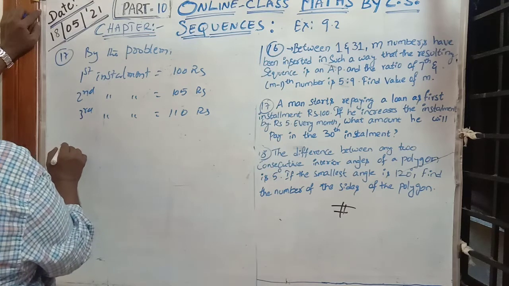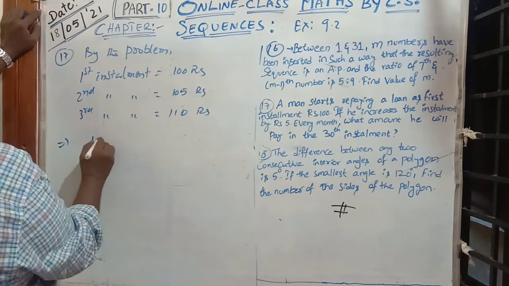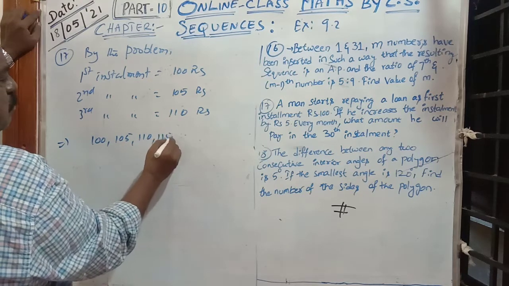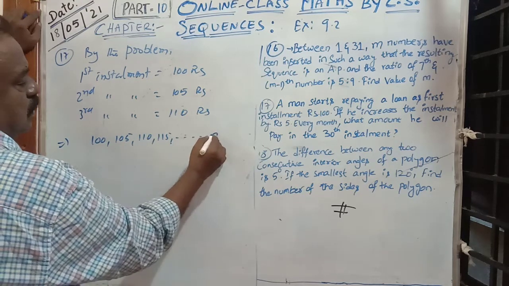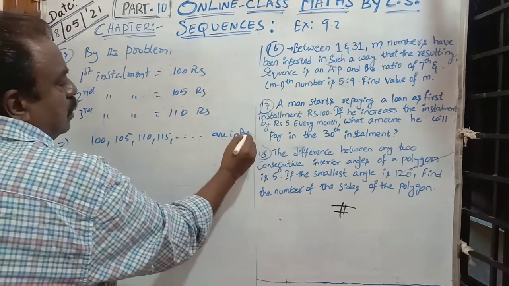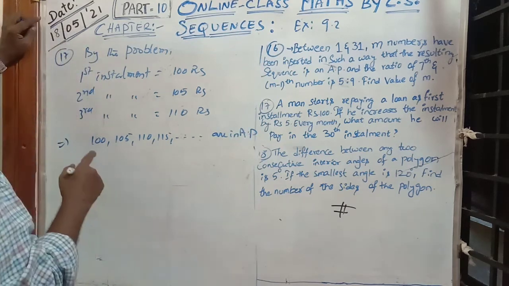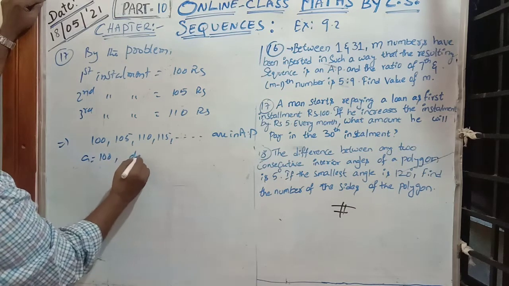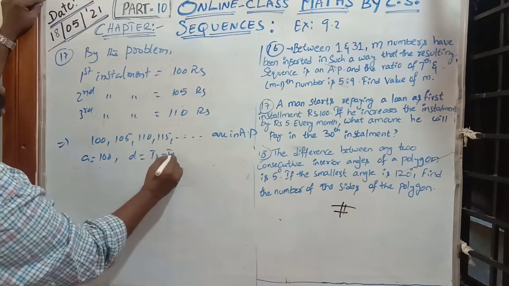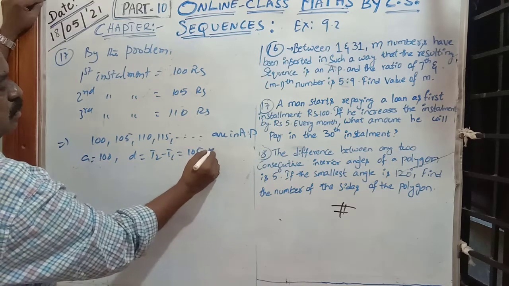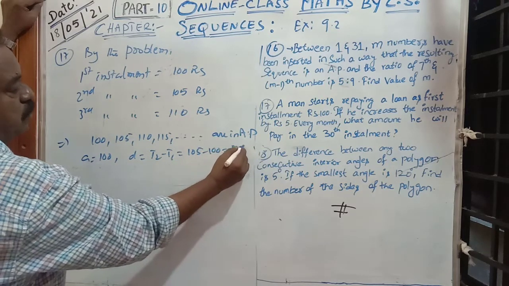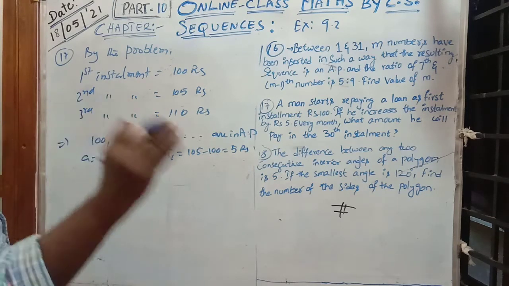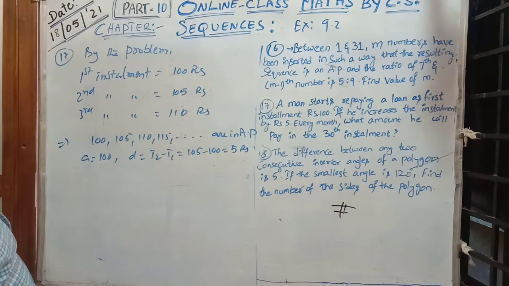Like that. That implies 100, 105, 110, 115, and so on are in AP. They are AP because A is equal to 100, D is equal to T2 minus T1, 105 minus 100 is 5 rupees. So very clear. Everywhere only 5 rupees increase in the installment.